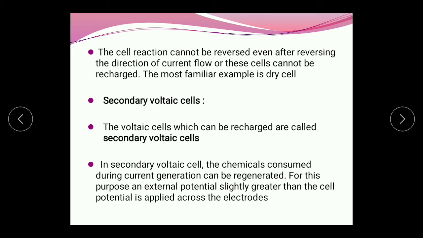But in secondary voltaic cells, those chemicals are regenerated by recharging. For that, we have to apply an external potential, and that external potential should be slightly greater than the cell potential we obtain by using the voltaic cells.